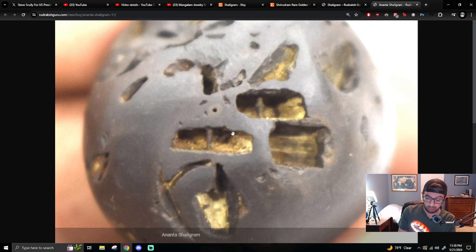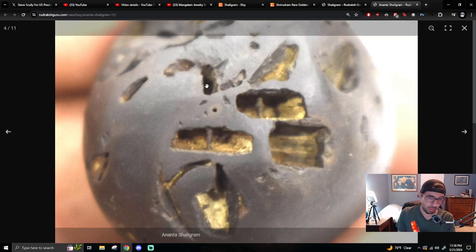It's incredible. The features of this stone, like in this hole here, is the tiniest, maybe a third of the thinness of this one, of a chakra going across.